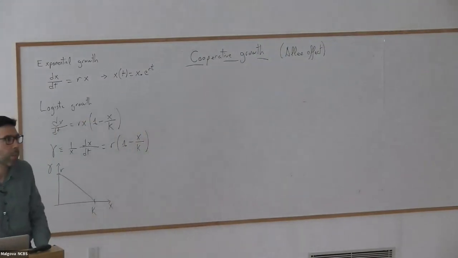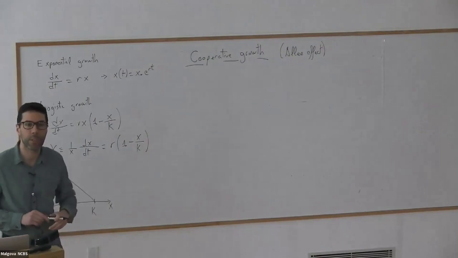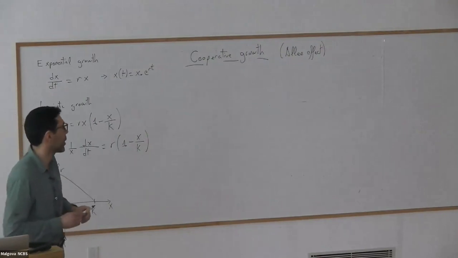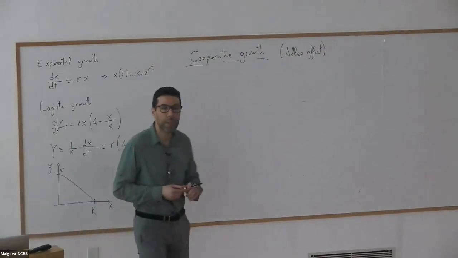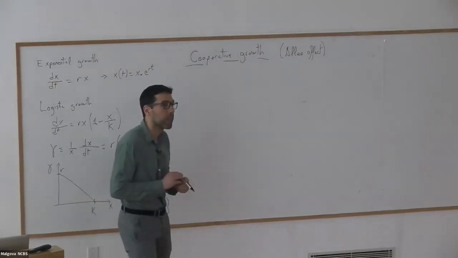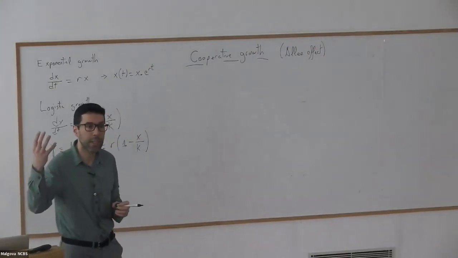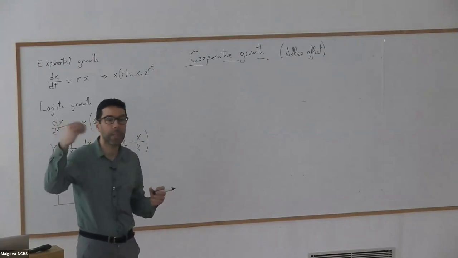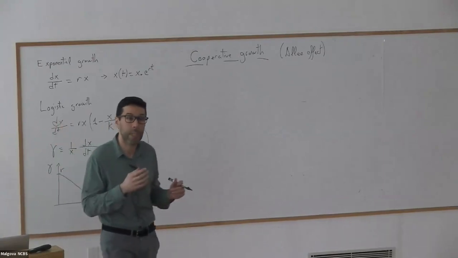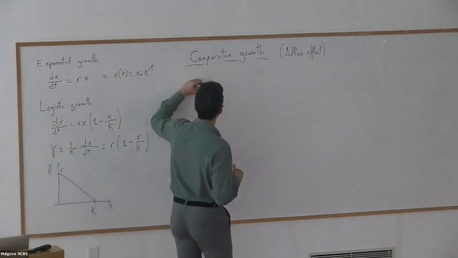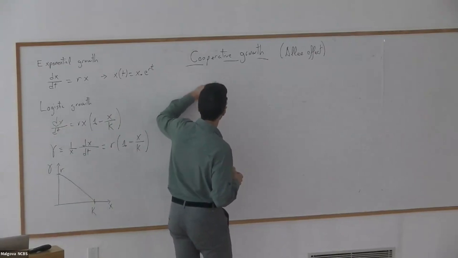Populations can cooperate for growth in different ways. And one way that is relevant for microbes, for example, is when they have to digest a complex resource that cannot be imported directly through the membrane of the cell. So this happens, for example, for yeast populations.